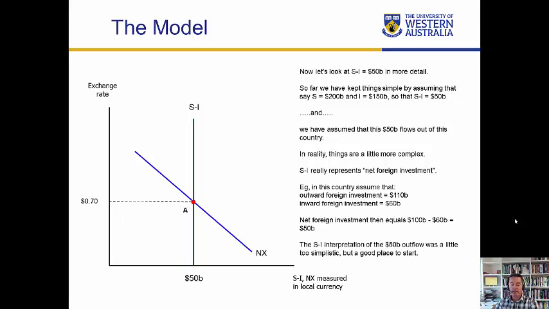Now, interpreting that vertical line as savings minus investment is a bit of a simplification, an oversimplification. So it's really the interpretation of the S minus I line that I want to correct now. Previously I said savings might be 200 billion, investment might be 150 billion, so this country will have excess savings of 50 billion and they will send that money overseas.